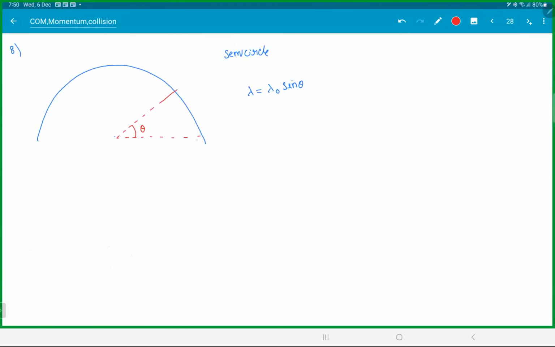Look, what is happening? Sin theta is how much? Sin 0 is 0, meaning there is no mass here. Sin 30, sin 60, sin 90, meaning the ring is becoming heavier and heavier as you go up. Then the ring is becoming lighter and lighter again. It's a non-uniform ring. Find the center of mass.